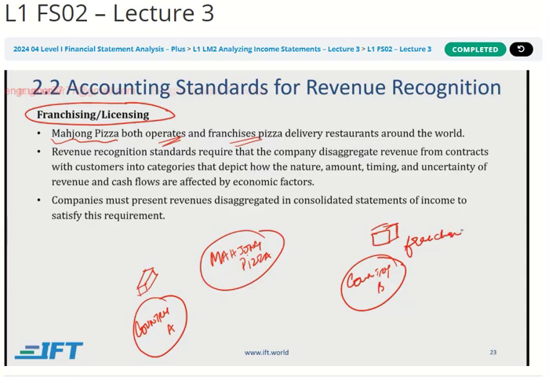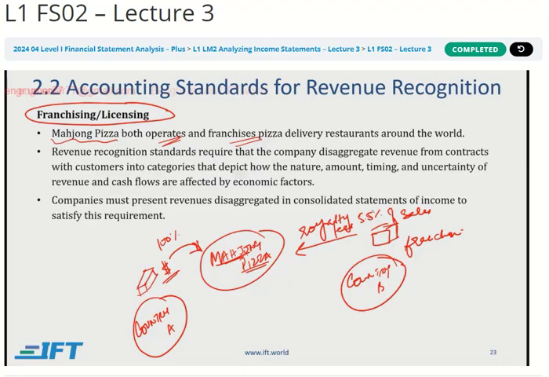Now the sales from their own outlet, of course, they will recognize as their revenue. But the franchisee is going to be paying to them something called royalty fees, which let's say is 5.5% of the sales, right? So for Mahjong Pizza, for their own outlet, 100% of the sales will be their revenue.